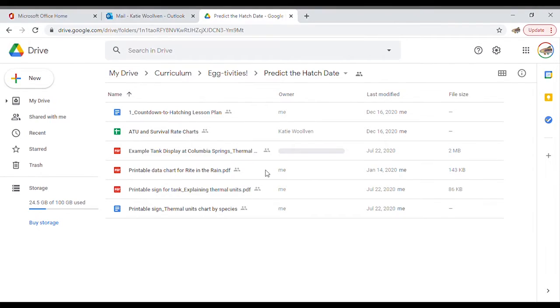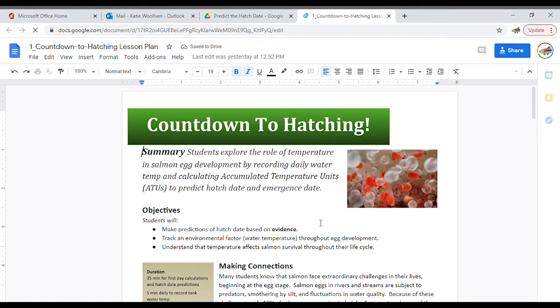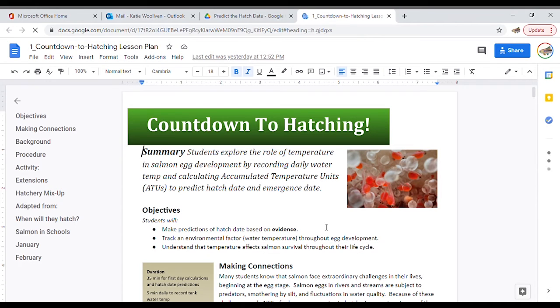So here we are in the Predict the Hatch Date Google folder, and the first thing we have is the lesson plan. We can click on that, and there's a lot of background information here that you're welcome to look through. But the basic idea behind this activity is that we can record the temperature of the water and predict when our eggs are going to hatch and also when the alevin are going to start swimming.